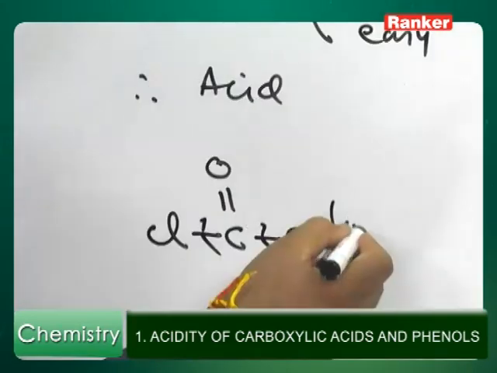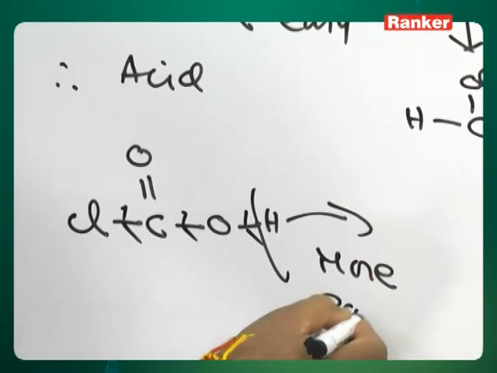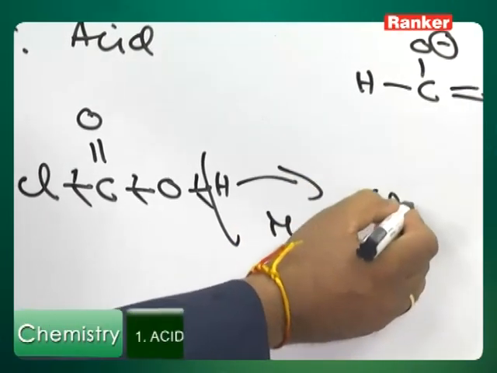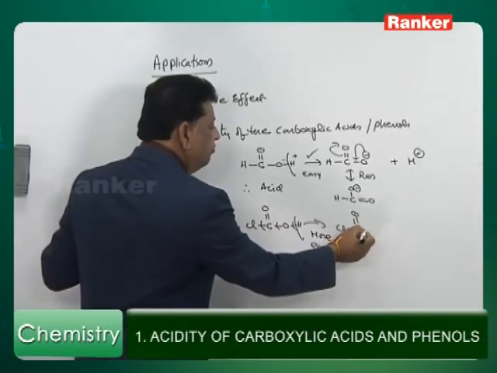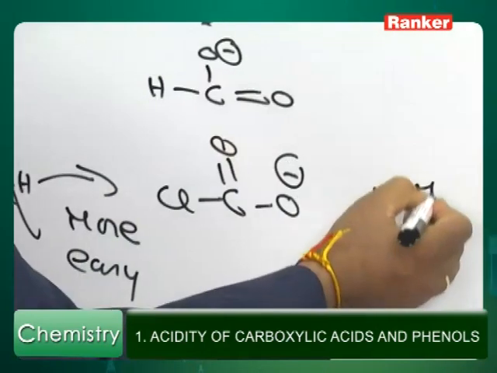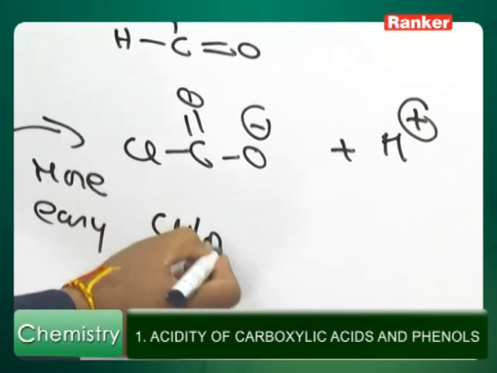Therefore, removal of the H plus has become easier. So the anion formation takes place much more easily. The H plus is removed, and the anion formed is now called chloroformate.